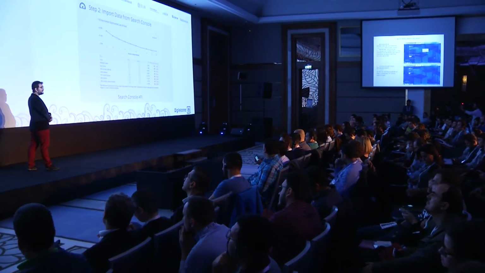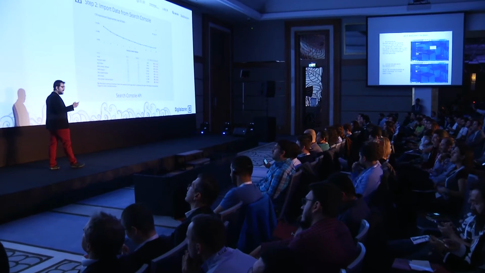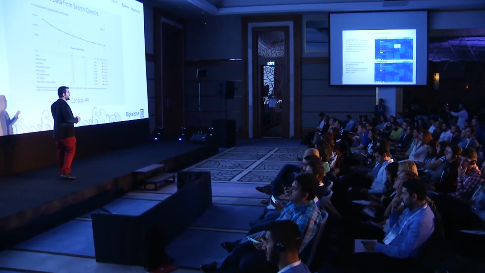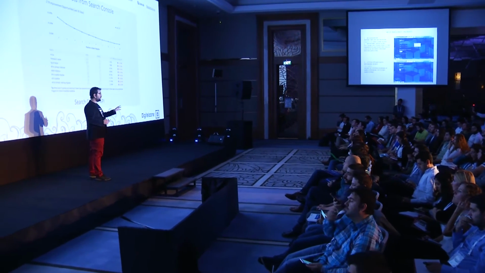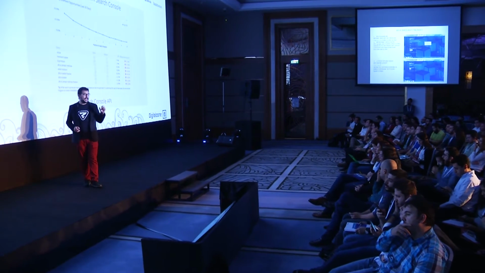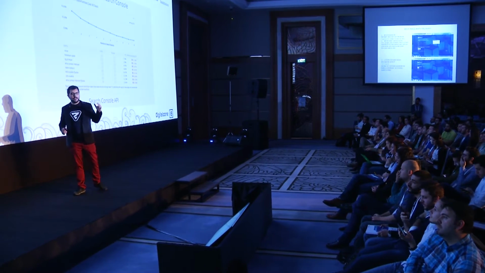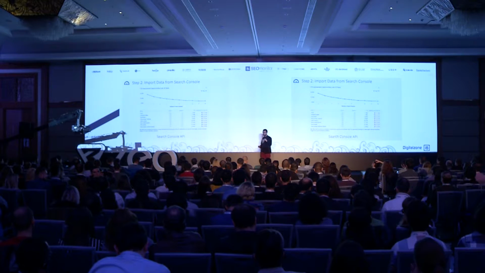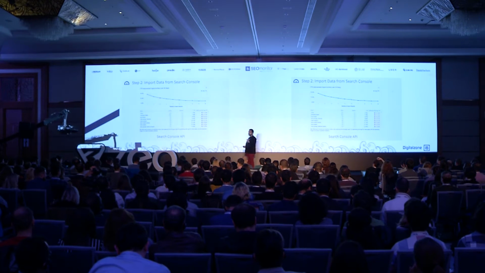So after importing your data, you will see a great chart like this. Klipfolio automatically aggregates your click-through rates from all the keywords you have, and then says, okay Yiğit, in the third position of your keywords, you will get 25% click-through rate.